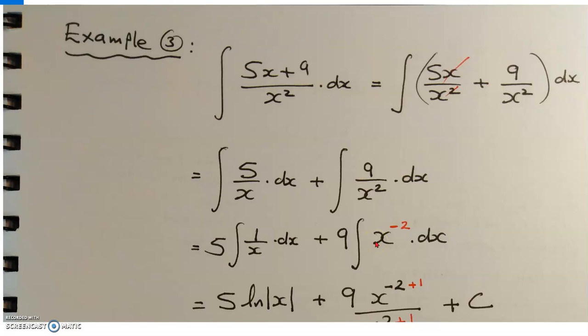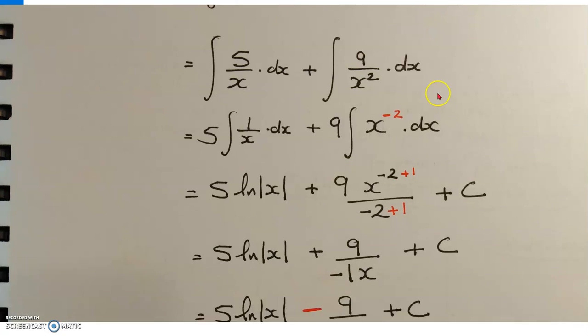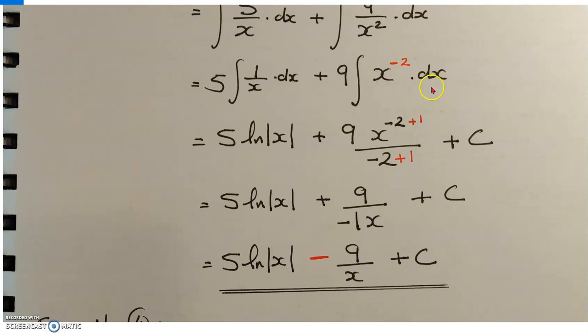Here we have to be a wee bit careful because we can bring this x squared up to the top. Let's get rid of the 9 first, put the 9 outside the integral sign. Take the x squared up to the top, and it becomes minus x to the power of minus 2. Now, we're going to integrate x to the power of minus 2. We increase the power by 1, but we must divide by the new power, which is minus 2 plus 1, which is minus 1.